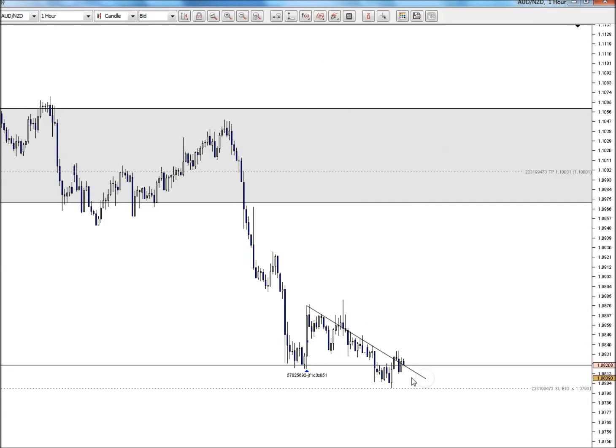Just trying to break above this trend line, the hourly trend line. Not sure it will hold. See how close I was to hitting my stop loss, and if I get hit, I will wait probably till Wednesday to take another position. We'll have to wait and see.